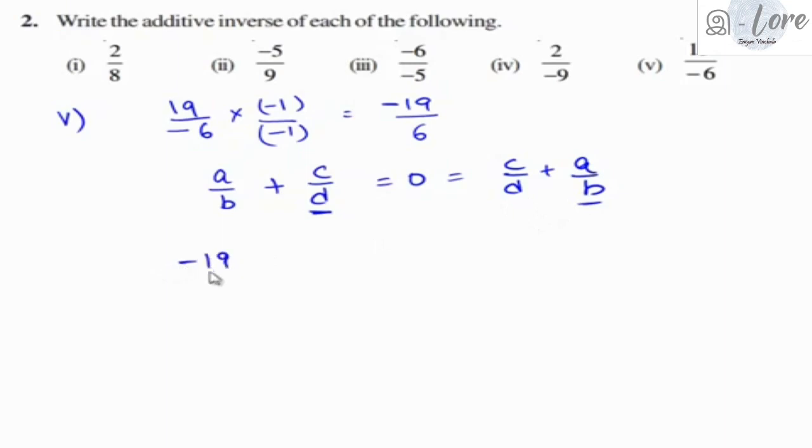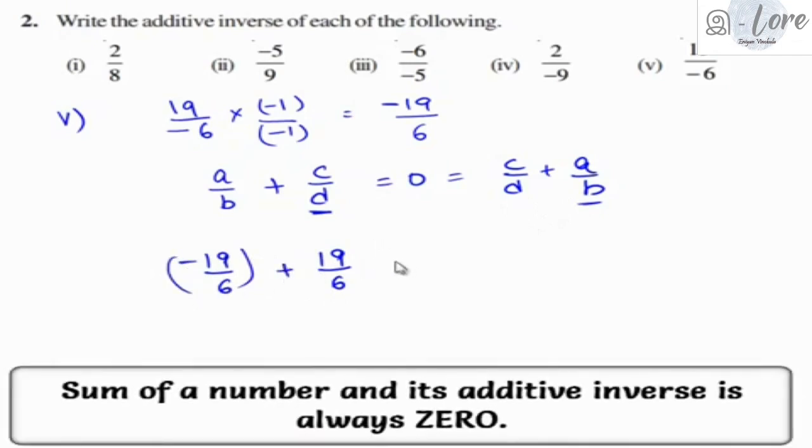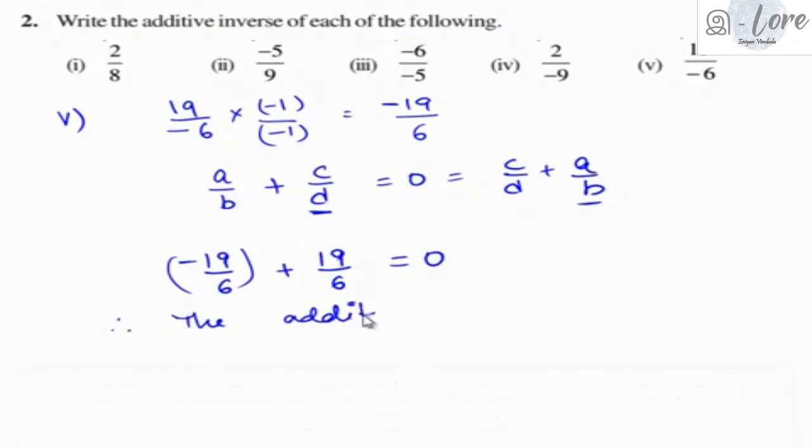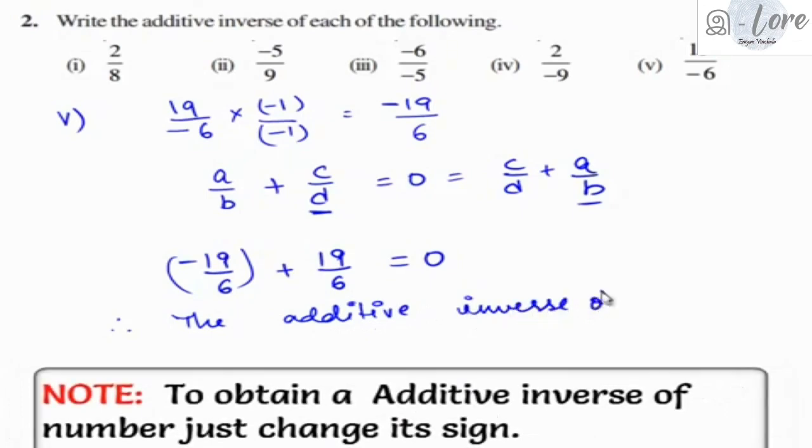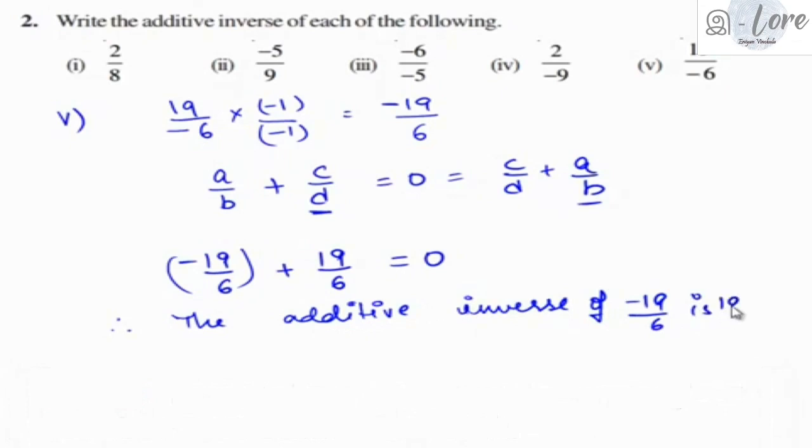Therefore the additive inverse of minus 19 by 6 is 19 by 6, just changing the sign, because minus 19 by 6 plus 19 by 6 gives the answer as 0. So the additive inverse of minus 19 by 6 is 19 by 6.